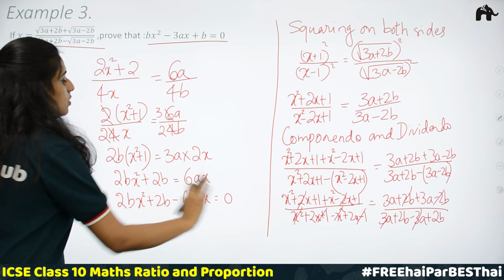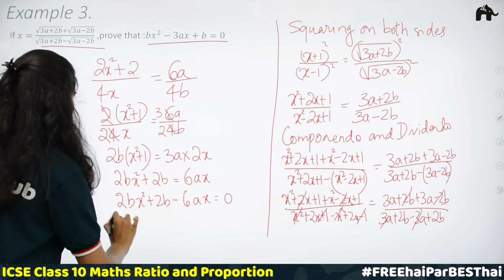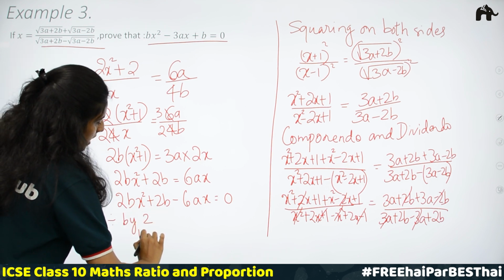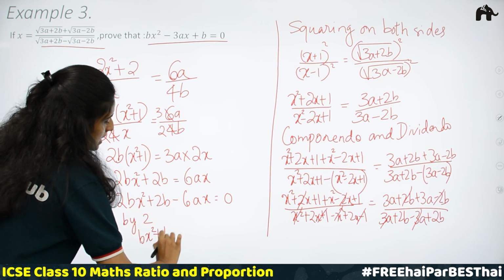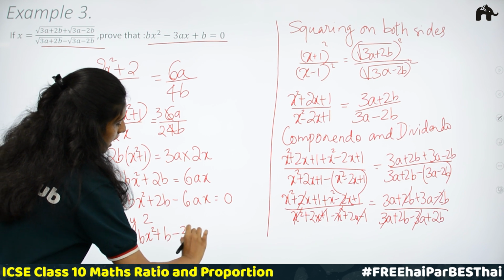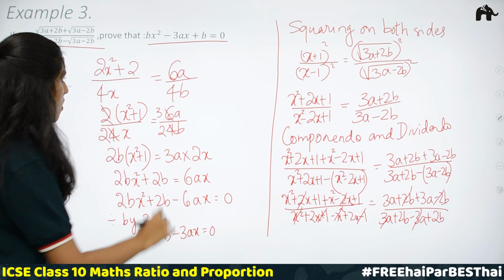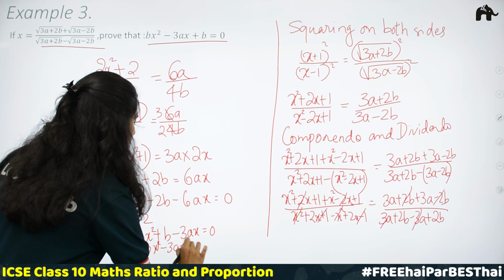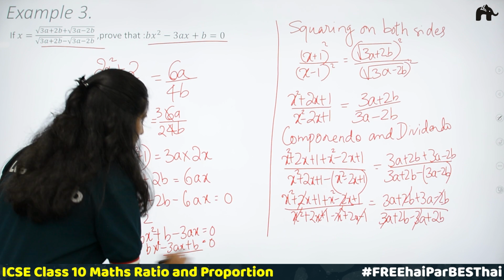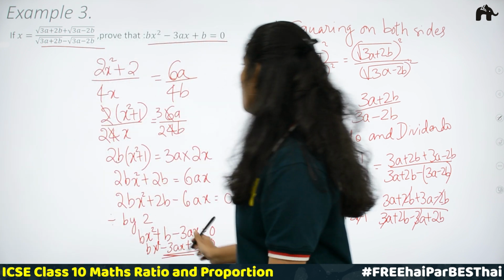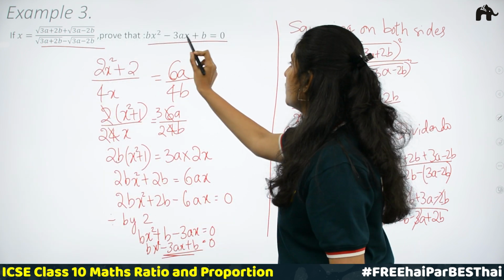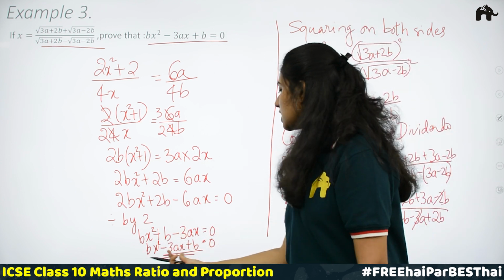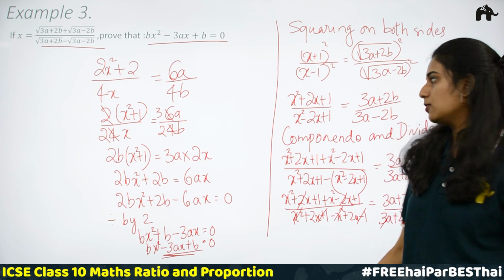Now dividing throughout by 2, we get bx square plus b minus 3ax is equal to 0, or bx square minus 3ax plus b is equal to 0. This is what we need to obtain. We had to prove bx square minus 3ax plus b is equal to 0. We got this.